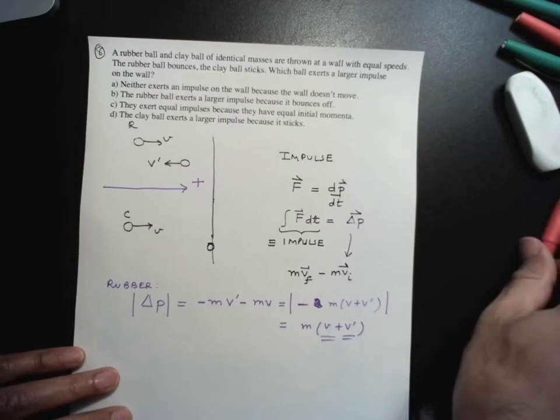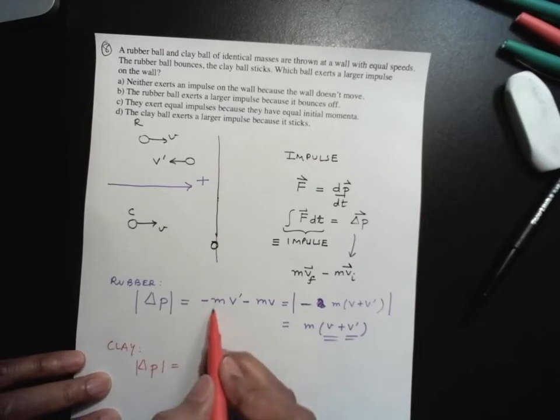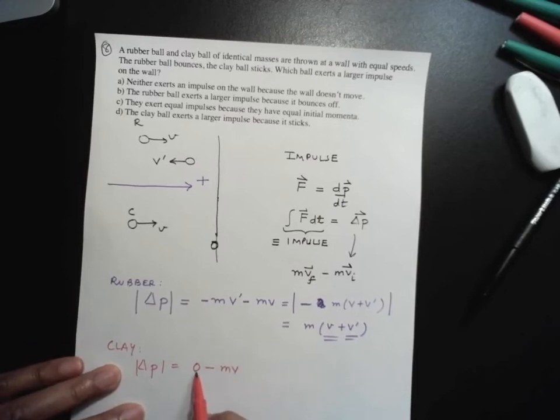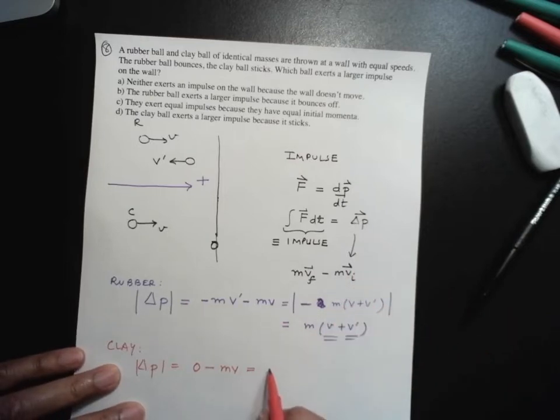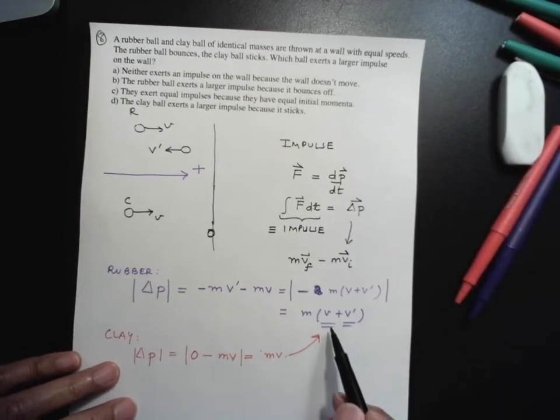On the other hand, for the clay, the final momentum is 0 because it just got stuck there, and the initial was mv, so the change is mv. So you see how the clay's change in momentum is always less than that of the rubber ball.